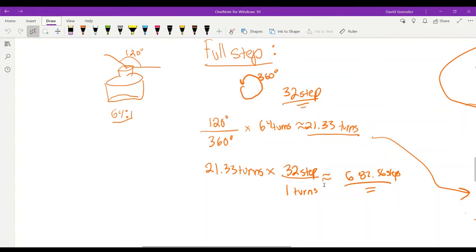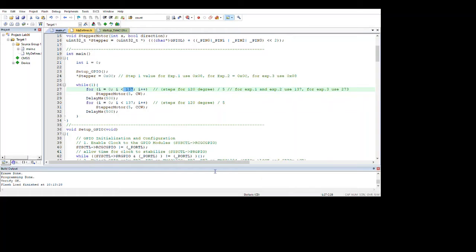Using that ratio, I get 682.56. Then we divide it by 5 because, as you can see here, our S is 5. So that's how we get the same number as in experiment 1. This for loop is for clockwise, and this other for loop is for counterclockwise, with a delay of 500 milliseconds in between both.